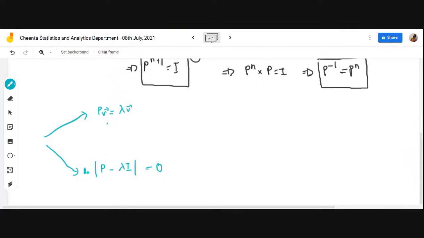You can use either of these ideas. From here you will get a polynomial f of lambda of degree n, equal to 0. This is what you will get, a polynomial in lambda. This is what the Cayley-Hamilton theorem is.